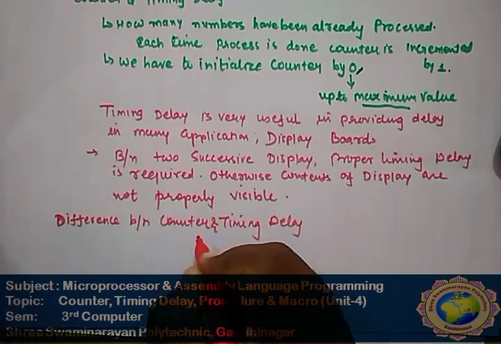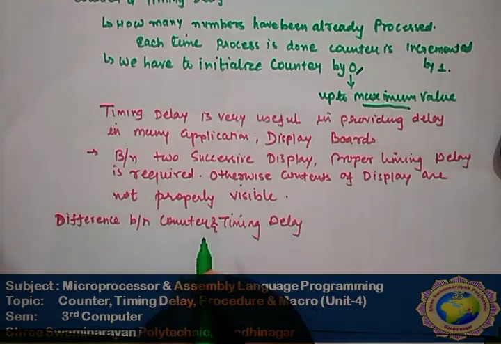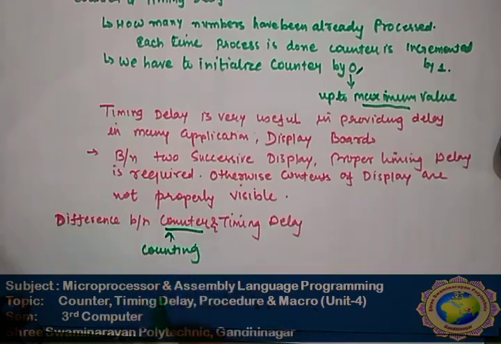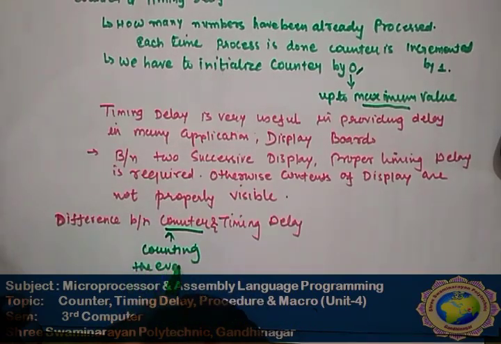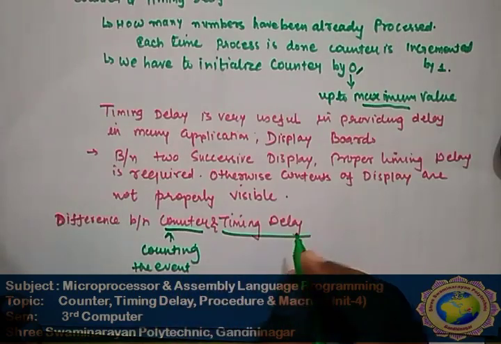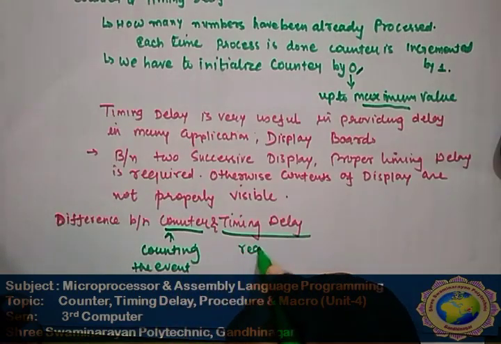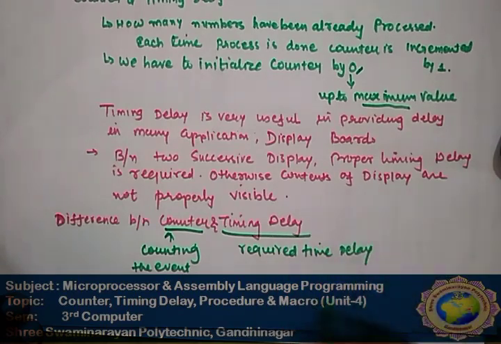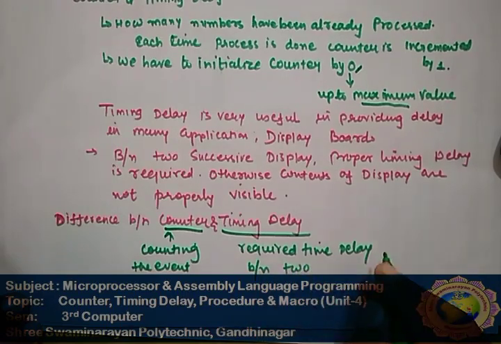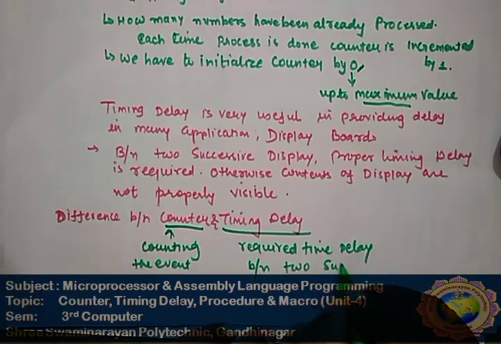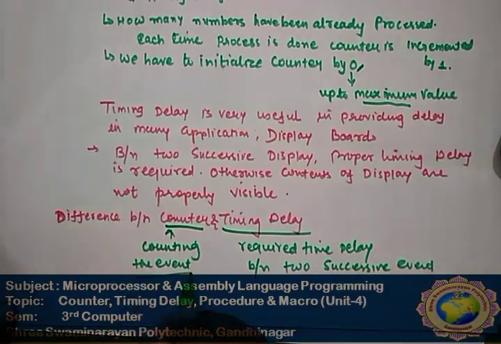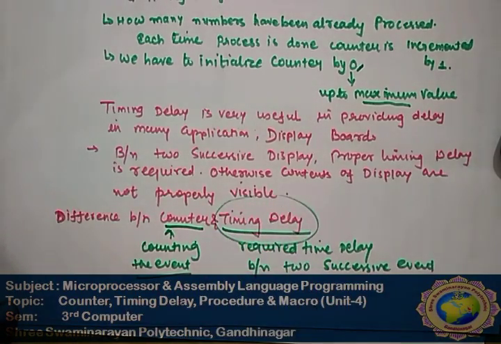The counter is counting the events, whereas the timing delay provides the required time delay between two successive events. The counter is only counting the events 1, 2, 3, 4. But between 1 and 2, the timing delay provides the proper delay.